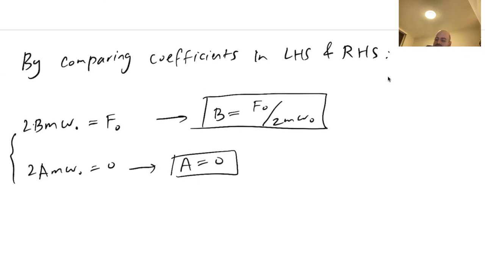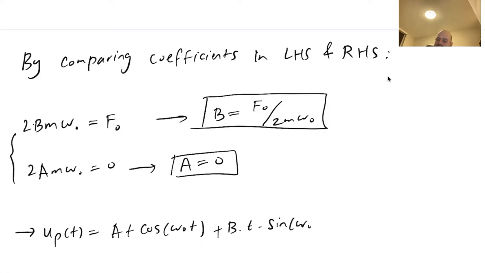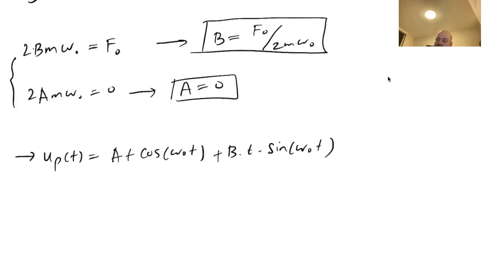So this is the value of a and b, and therefore up will be a t cos omega naught t plus b t sine omega naught t, which equals f0 divided by 2m omega naught times t sine omega naught t.